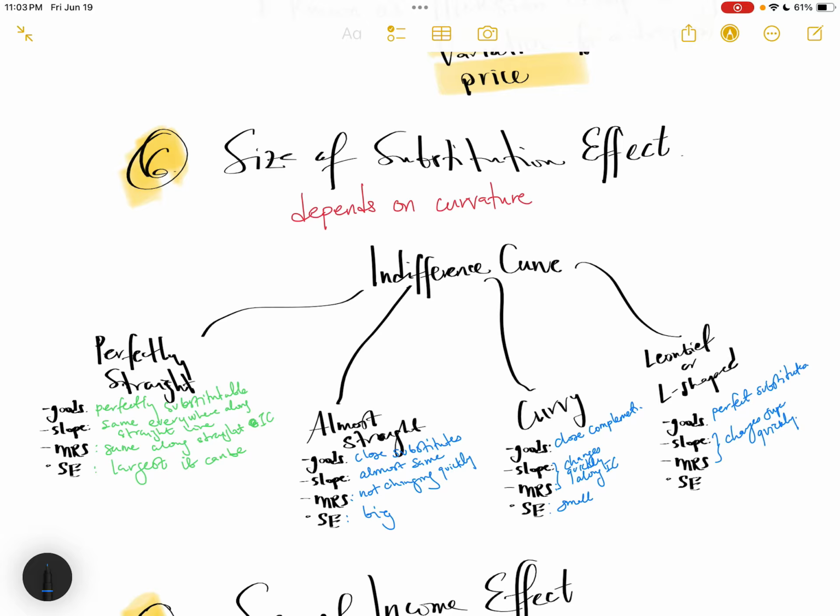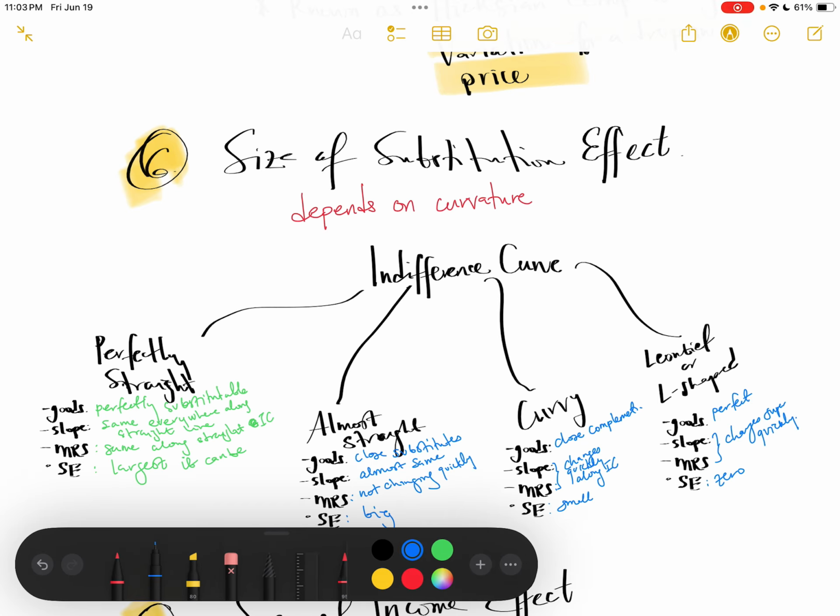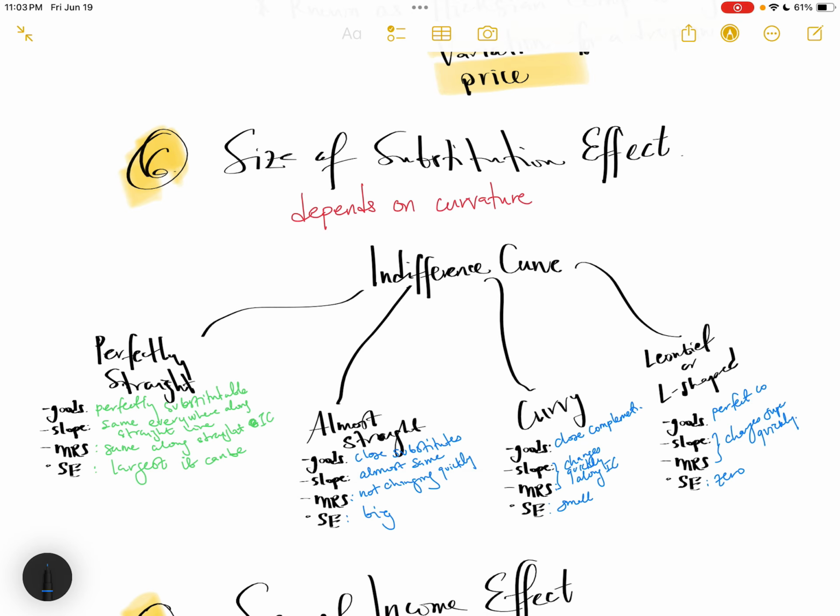And the substitution effect is 0. Oh, look at what I did here. Perfect complement. The goods are perfect complements. So goods that are perfect complements can't be substituted, right? Yeah. So the substitution effect of that is 0.